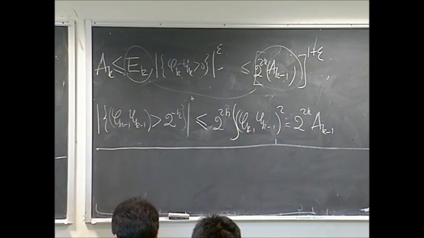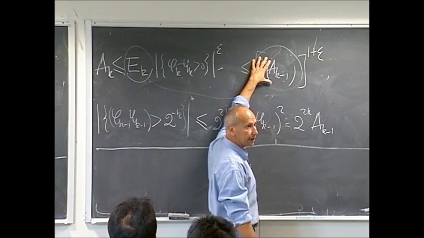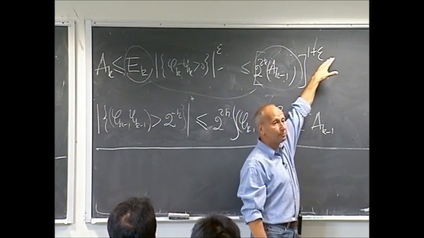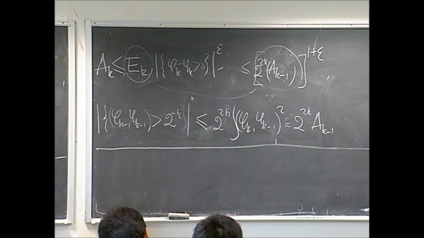Okay. And this is the recurrence relation that we saw yesterday, right? A_k is equal to some power of k, a constant to the k, times A_{k-1} to the 1 plus something, right? And if you have a recurrence relation like that, and A_0 is small enough, A_k goes to 0. Okay.